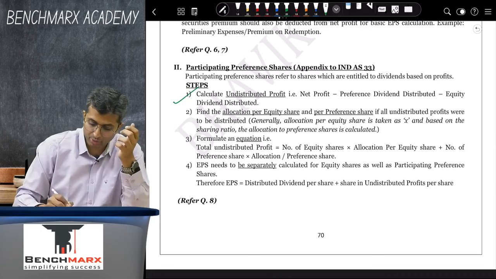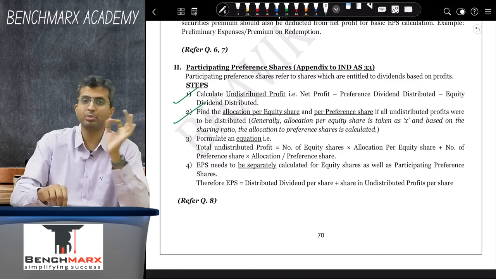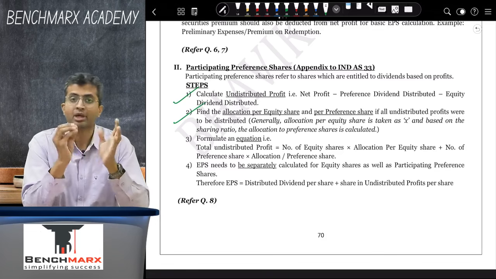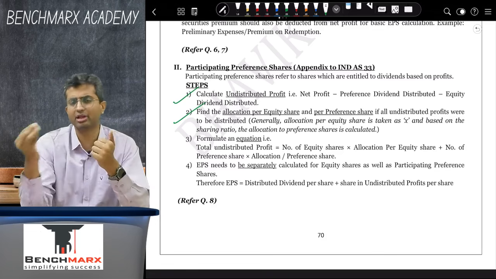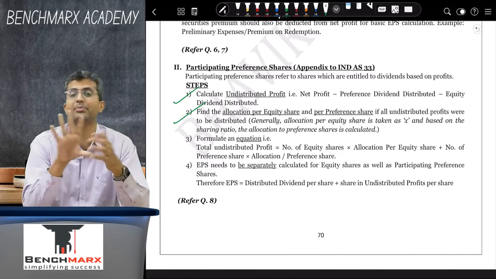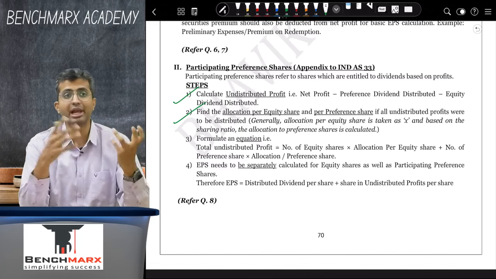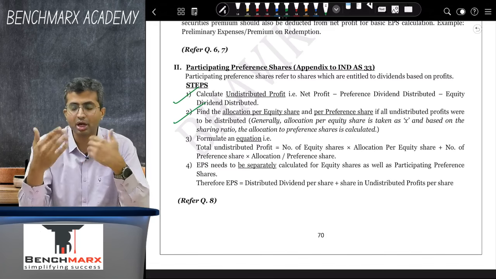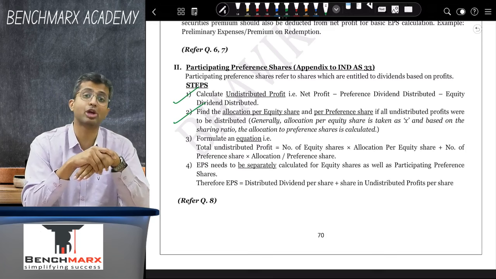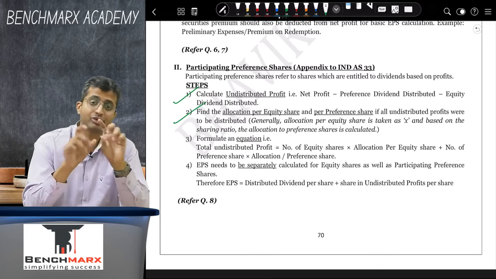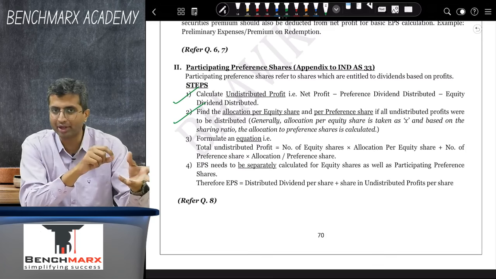Now, this undistributed profit has to be allocated between equity and preference shareholders based on an agreed ratio. The question might have said that preference shares will get 50%. Each preference share will get 50% of what the equity shareholder will get. So we can say, let the earning going to the equity shareholder be X, in which case the earning going to the preference shareholder will be 0.5X.